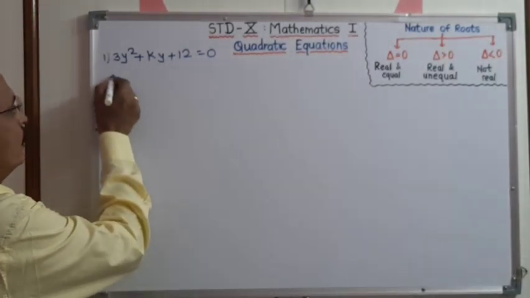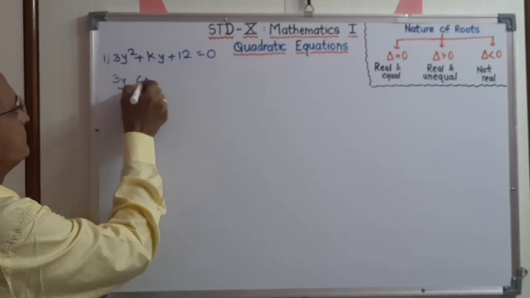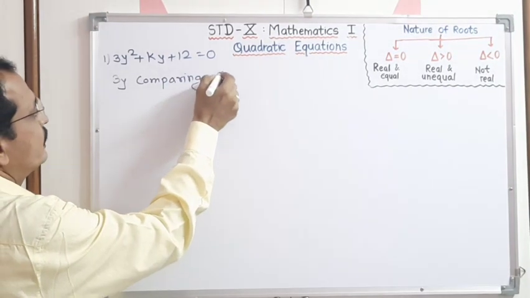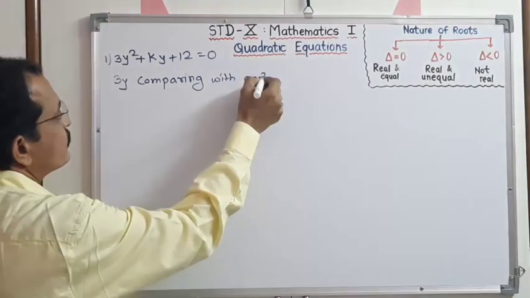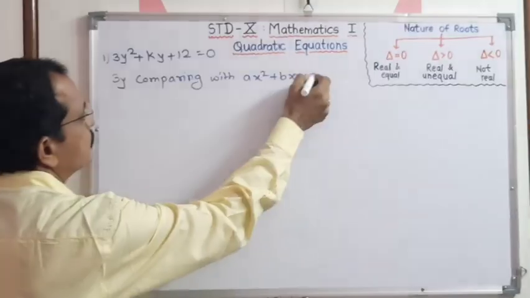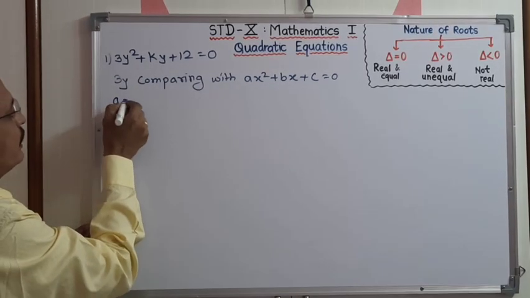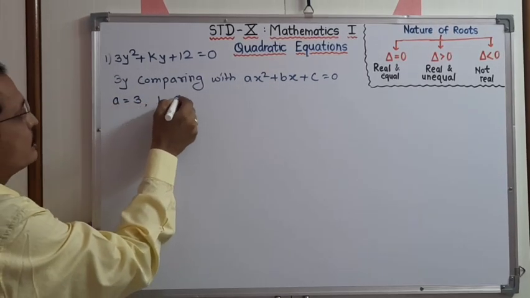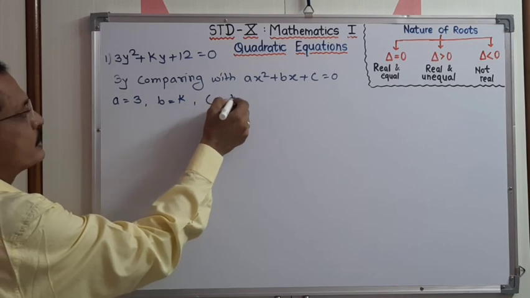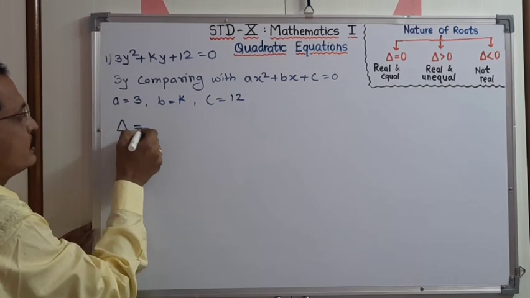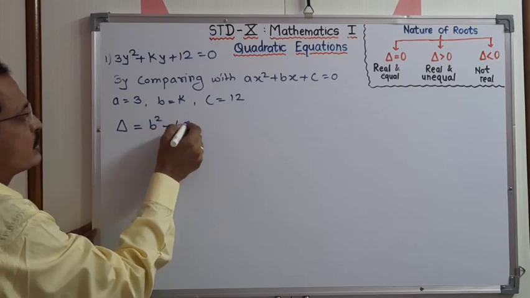Therefore, by comparing with ax square plus bx plus c equal to 0, what we get here? a is equal to 3, b is equal to k, and c is equal to 12. Let's find out delta, which is equal to b square minus 4ac.